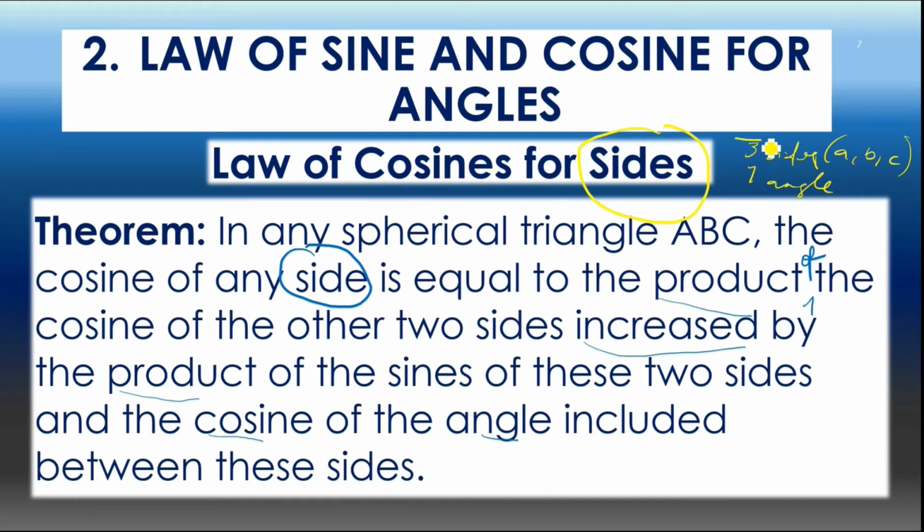So as long as there are four, three given, then one unknown. So we can have the combination for the given: two sides, one angle.